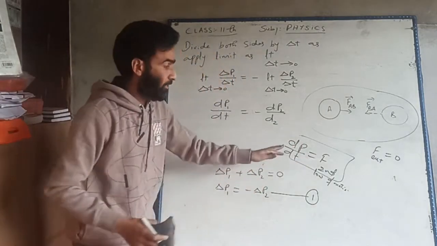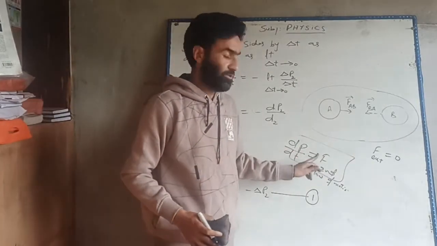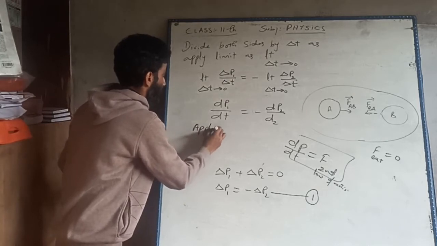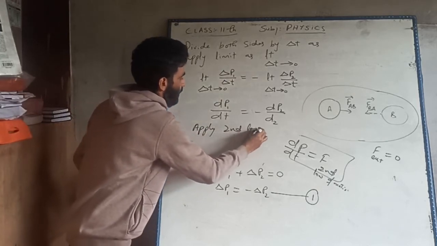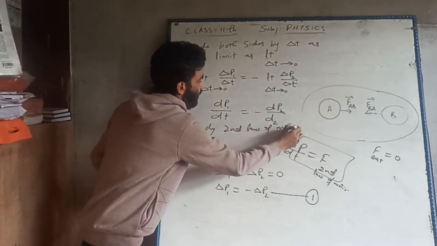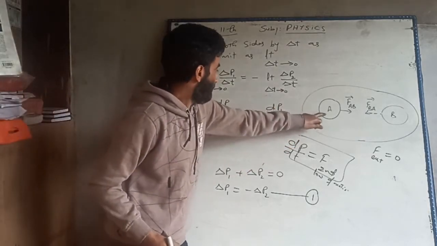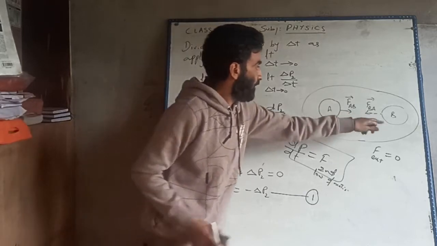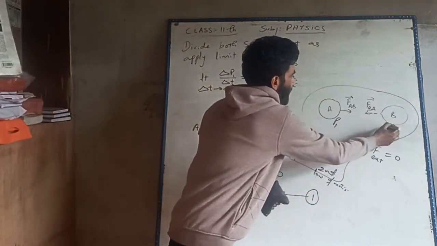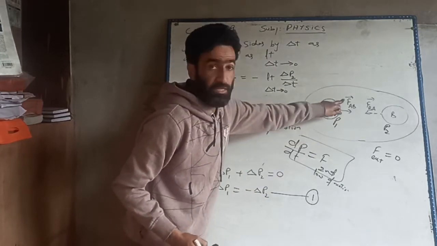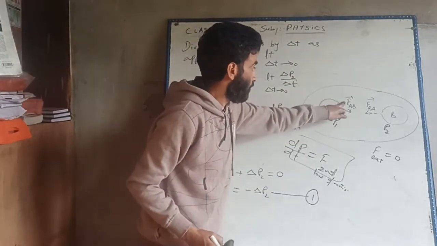The rate of change of linear momentum is directly proportional to the applied force. This is the second law of motion. So applying the second law of motion, this P1 is the momentum of this body, and this P2 is the momentum of the other body. By the second law, we know that this change in momentum is directly proportional to the force. So what is the force over here?